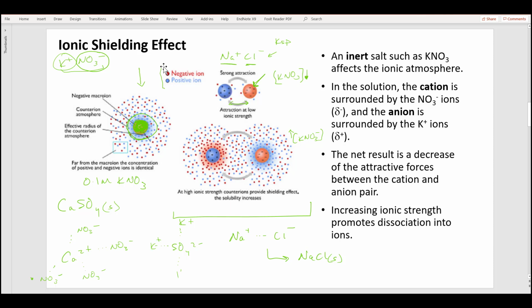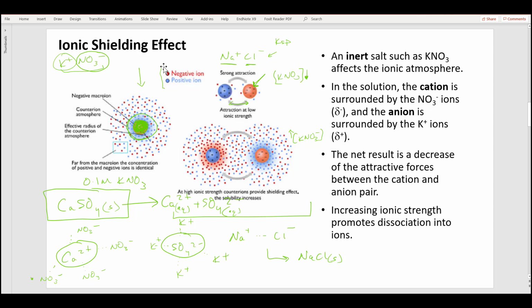So you've got these shielded ions. The further away these ions are from each other in space, the lower the chance that they're going to form calcium sulfate. In other words, that's pushing the equilibrium towards dissolving more calcium sulfate, because there's less chance that calcium and sulfate are going to even see each other in solution. They're completely shielded by a sheath of these other inert ions that are in solution.